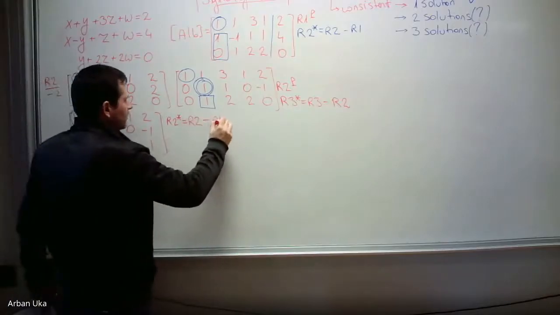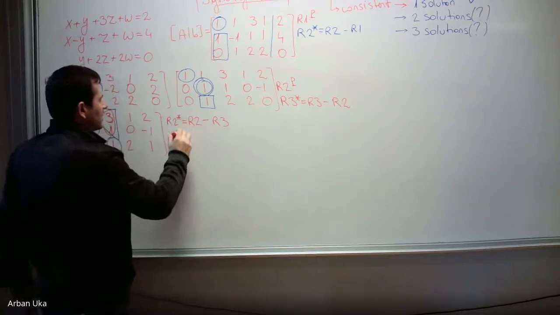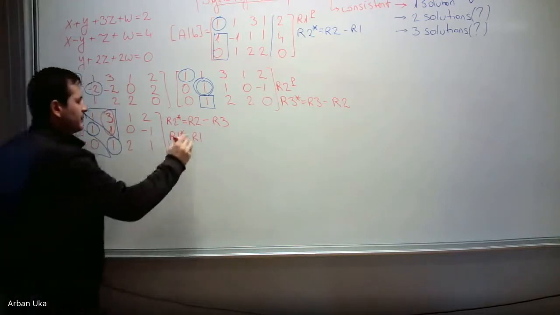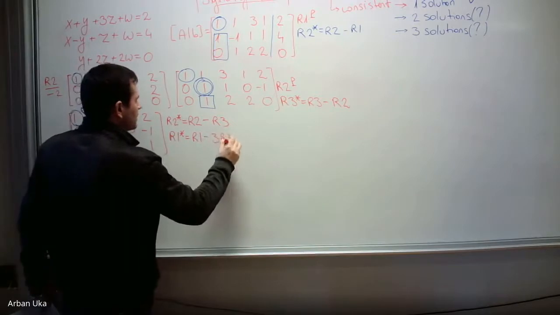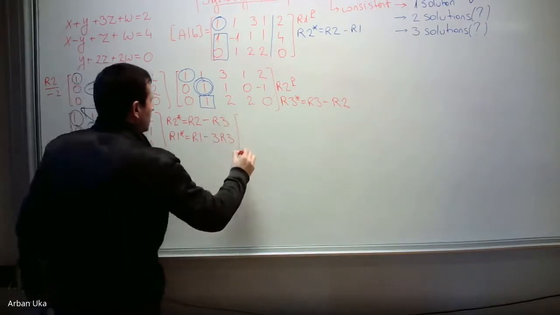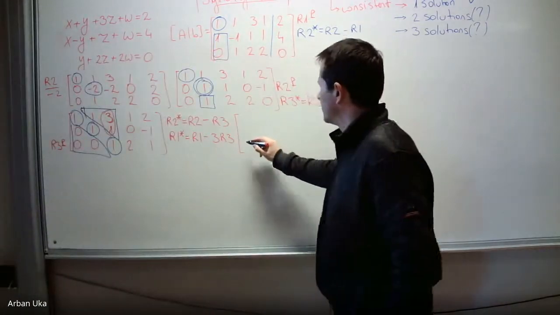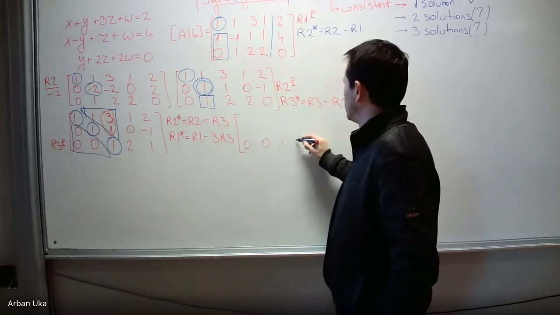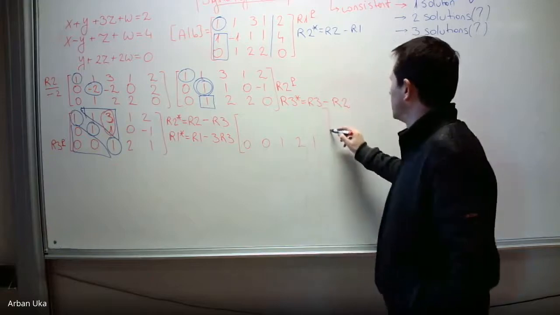Minus row 3. That's correct. Then we have row 1 star is equal to row 1 minus 3 row 3. And then we first write the pivot row, 0, 0, 1, 2, 1.